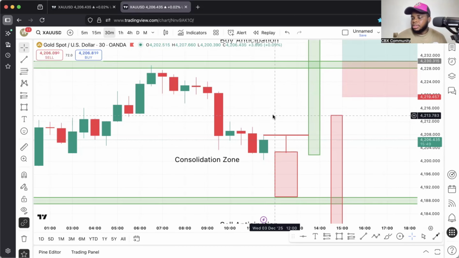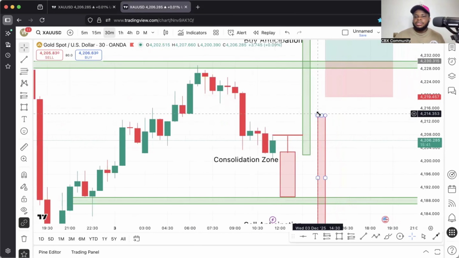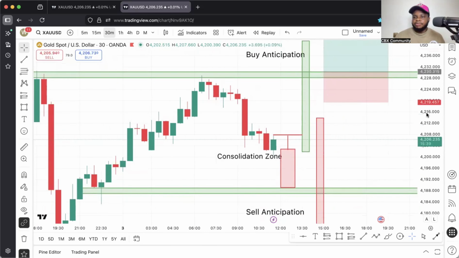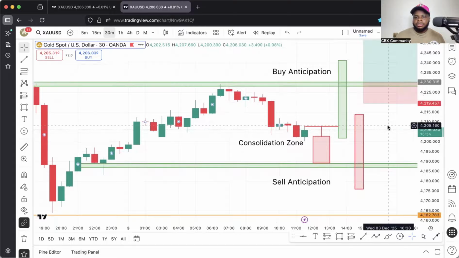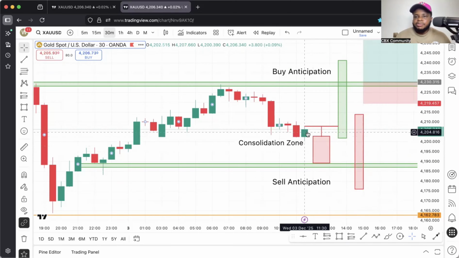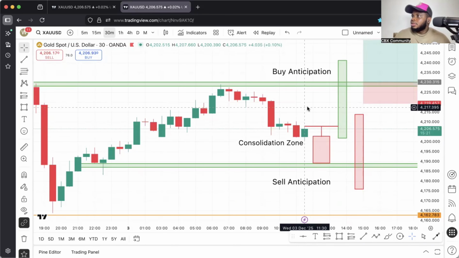Right now, we are still in the consolidation zone, so we don't need to do anything, since we know what we are anticipating the market to give to us. This 30 minutes candle is left with 15 minutes before it will close. All we need to do is just be patient.